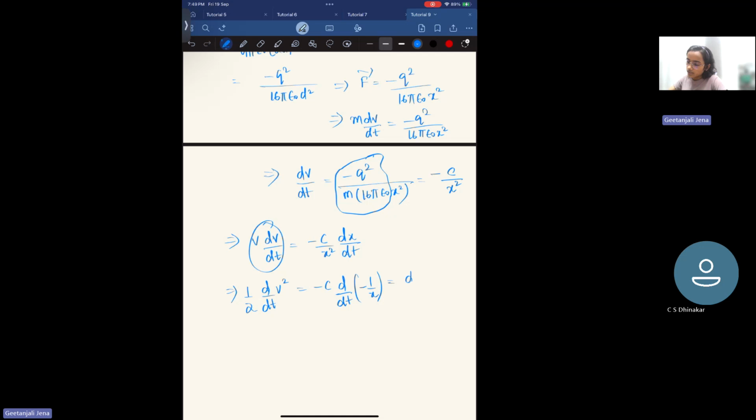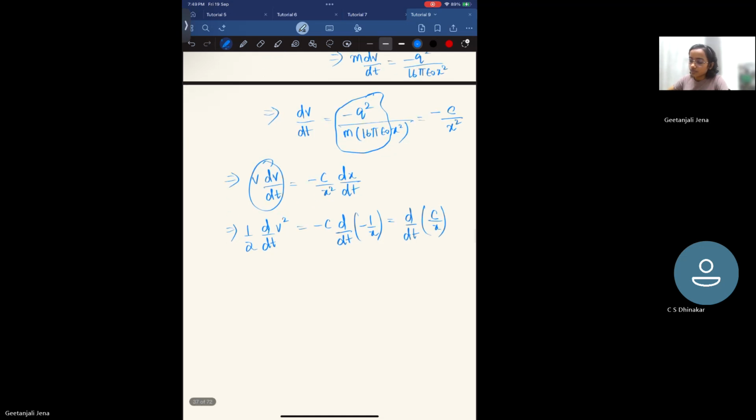So that means this is the derivative of c by x. So this means v square by 2 is c by x plus some constant d, that we can get from the boundary condition.